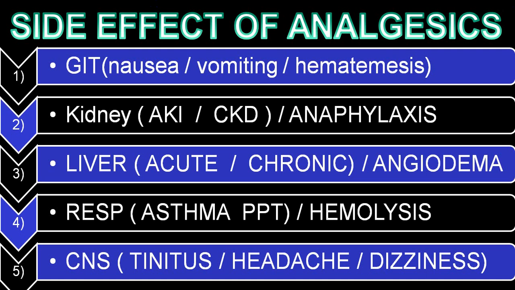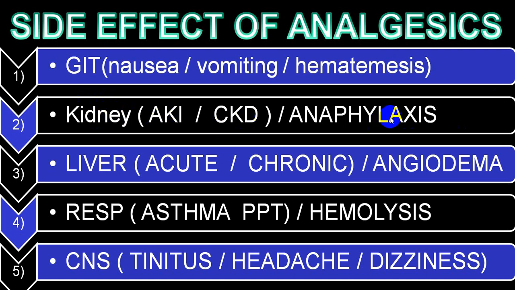So if you combine together the side effects of analgesics, that is NSAIDs: nausea, vomiting, most common. If they are not selective COX-2 inhibitors, if they have COX-1 inhibition, they will produce peptic ulcer disease and can produce hematemesis. As far as kidney is concerned, they can produce AKI, CKD.